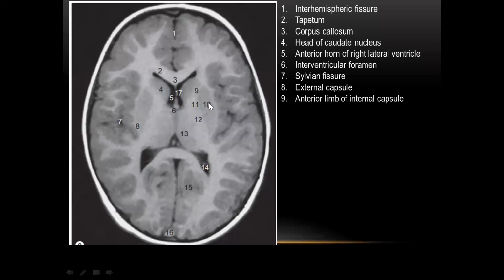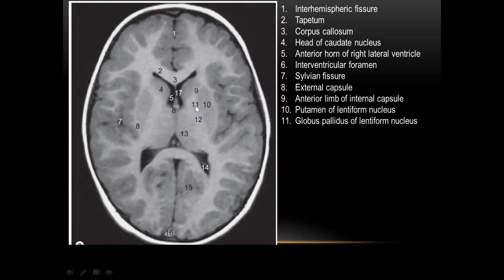Number 10, putamen of the left lentiform nucleus. Number 11, globus pallidus of the left lentiform nucleus.